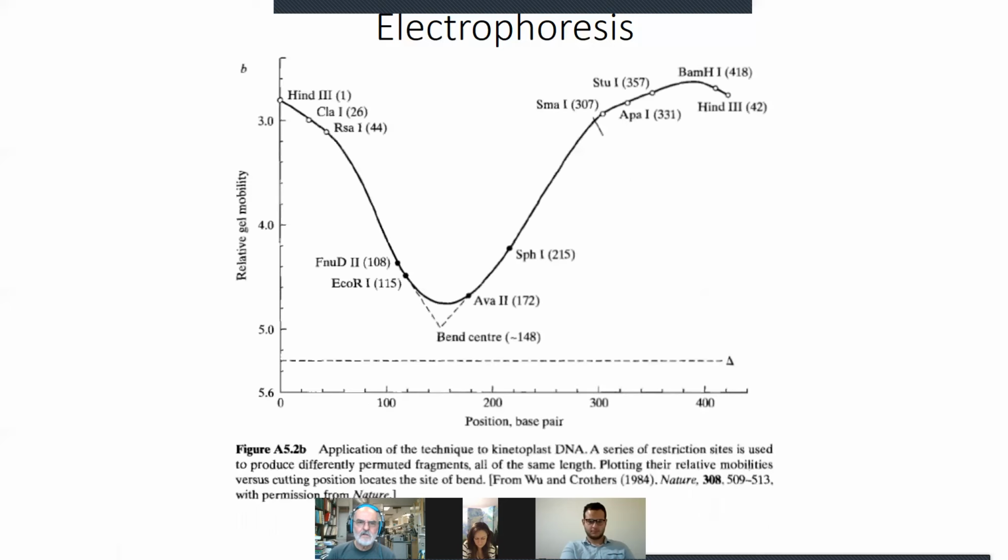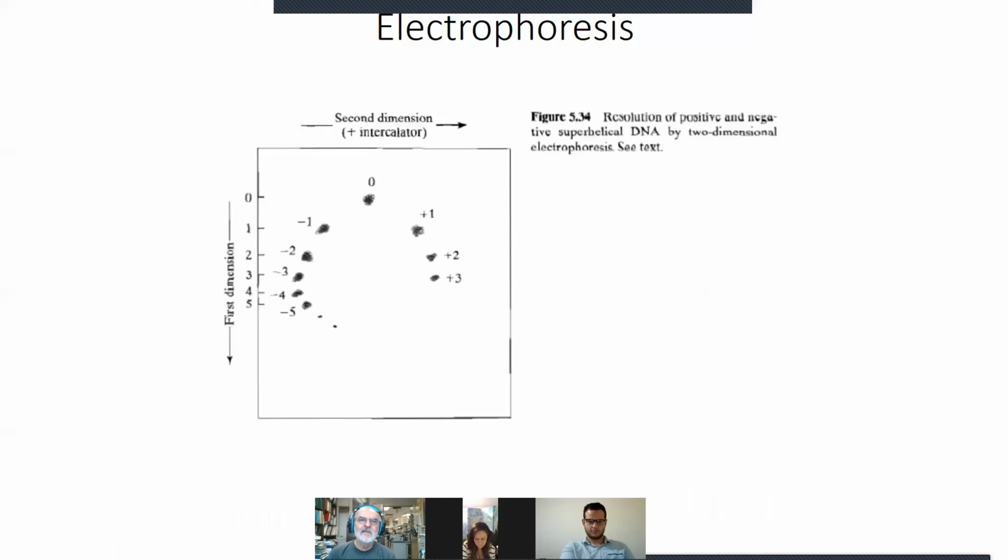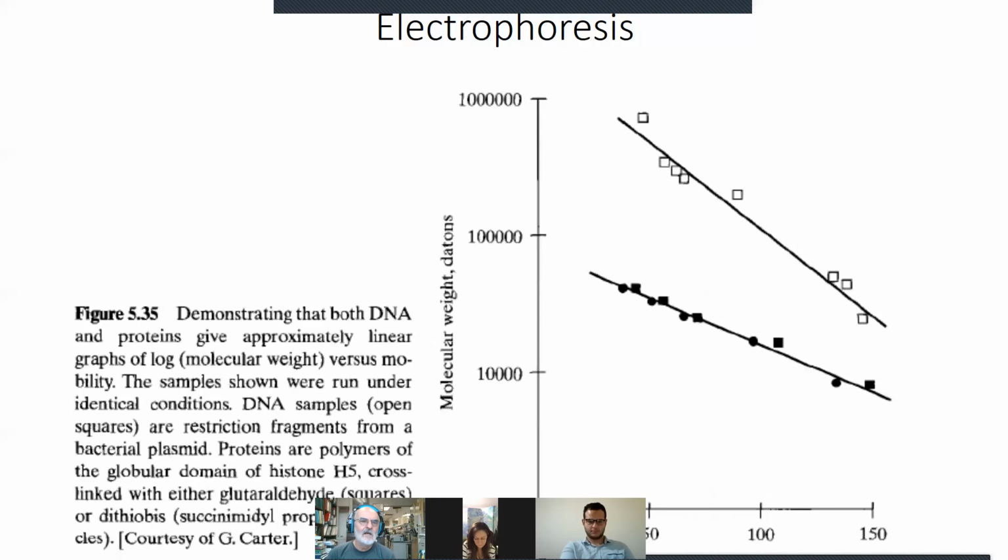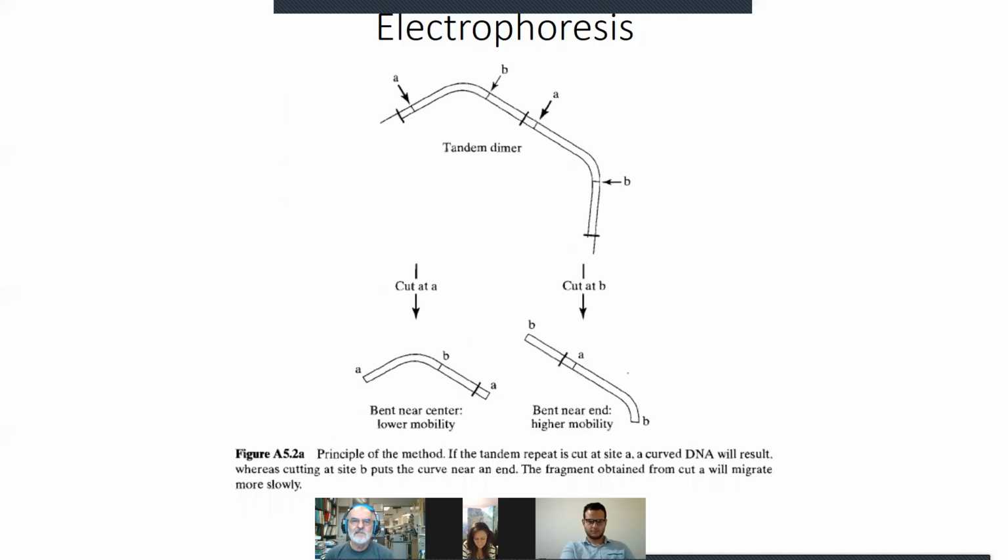I think one of the final topics that is discussed in chapter 5 has to do with the fact that electrophoresis is sensitive to shape. Specifically, it's sensitive to curved DNA.